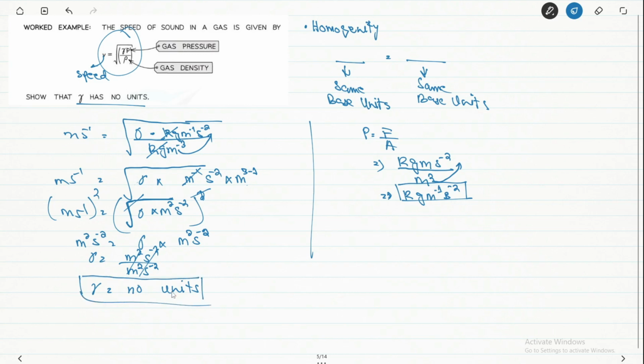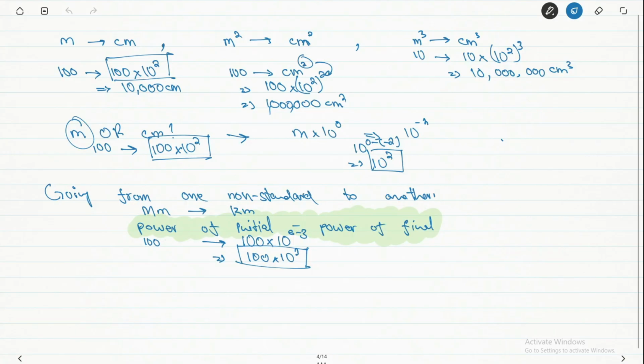And that's basically it. What you need to know about these equations in this module is the concept of homogeneity and solving basic questions using this concept. This formula is pretty important: going from meter cube to centimeter cube.